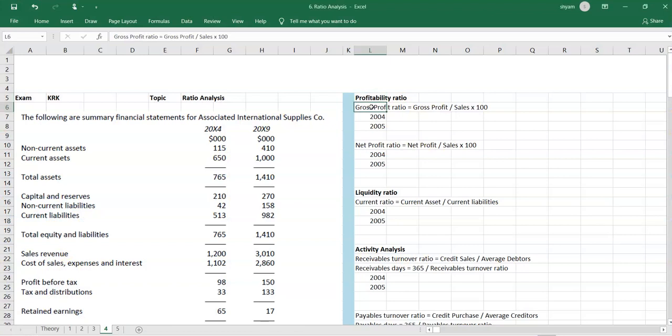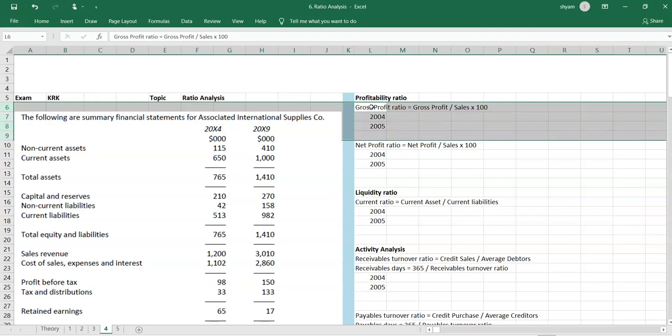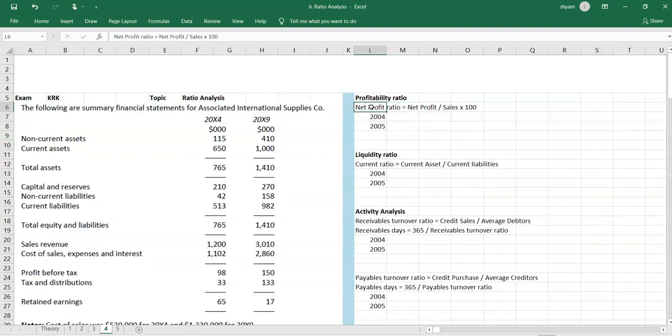So let's start. I think we can't even find out gross profit because even that data is not available. So we'll find out from net profit. Okay, from here we'll start.